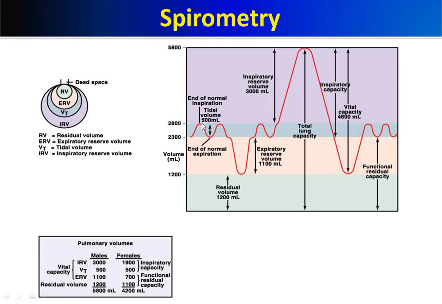So now, this is the tidal volume expired, bringing back the volume to the functional residual capacity, 2,300. This is a tidal volume inspired in. Now the volume is 2,800.